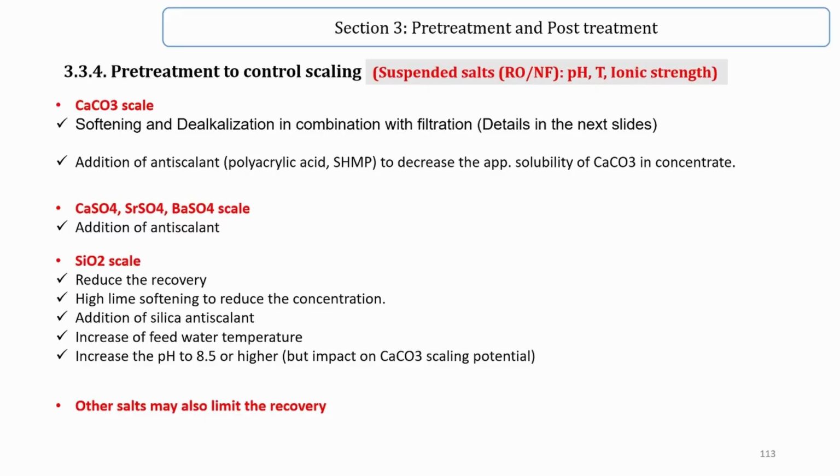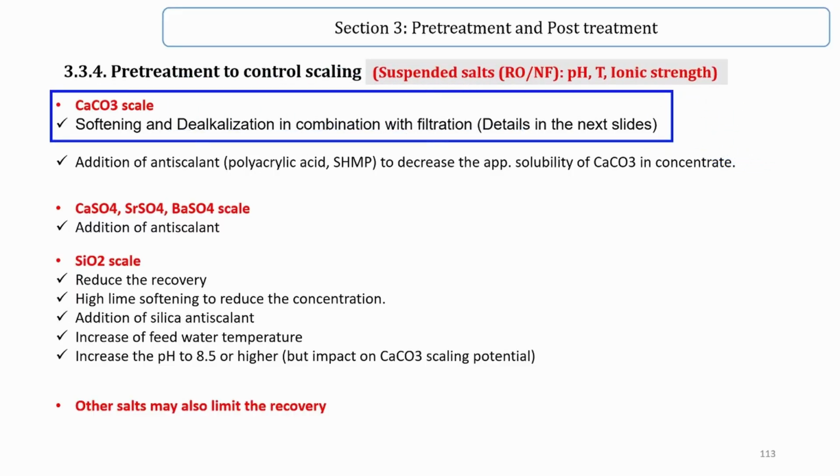Calcium carbonate, which can exist in the form of calcium and bicarbonate ions in industrial water, groundwater, and seawater, is the most common type of alkaline-based scalant, in particular in reverse osmosis membranes. It can be reduced through softening and dealkalization processes in combination with sand filtration or microfiltration, which I am going to explain more in the next slides.